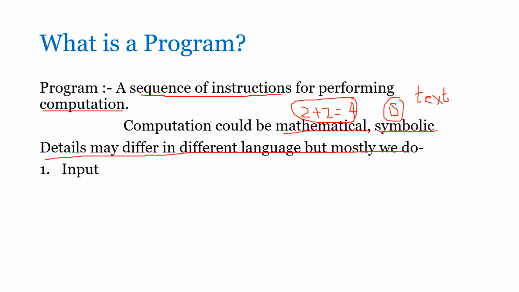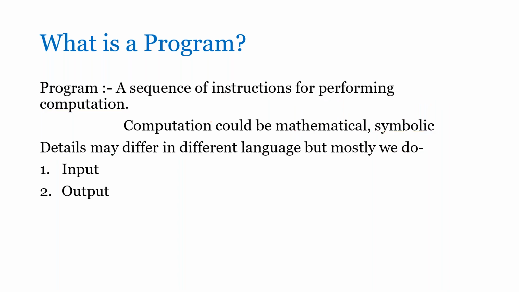You give the computer input through programming. You get output through your programming. You do some kind of mathematical calculation or computation in between. You do some kind of conditional execution. Conditional executions are like, if this then this, if not this then not this.